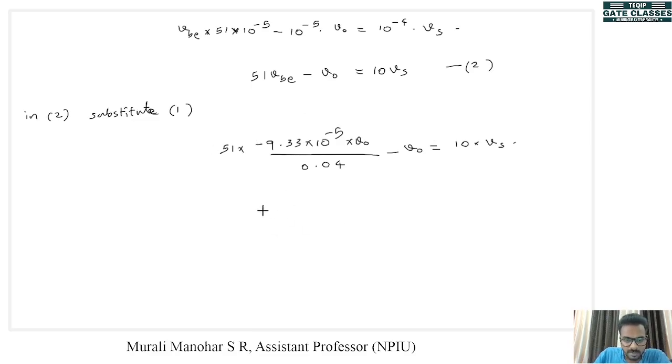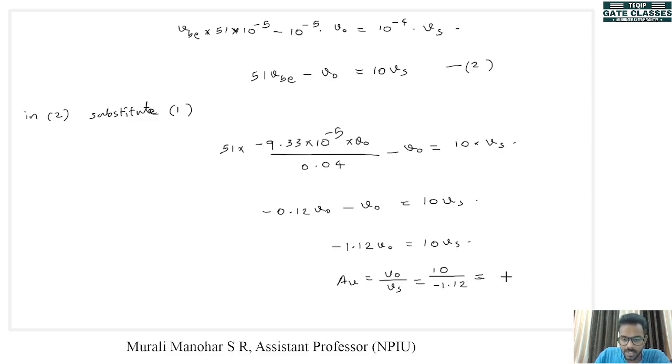This will give us minus 0.12 V out, and this is minus V out, equal to 10 times Vs. So this is minus 1.12 V out equal to 10 Vs. What we need to find is AV, which is V out by Vs, that we can find from this equation as 10 divided by minus 1.12, which is minus 8.9.